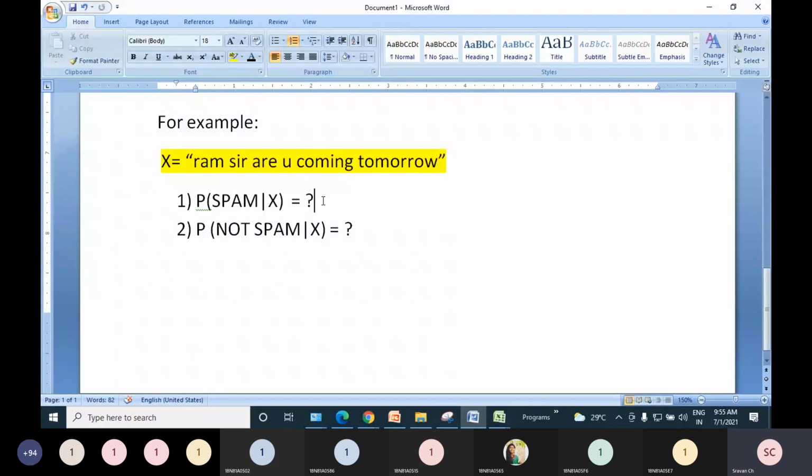Whichever probability I get more, that class I will consider for X. If the probability of X being not spam is more than the probability of spam, then I'll treat this X as not spam only. So our objective is to find these two values, my dear friends: P of spam given X, P of not spam given X.